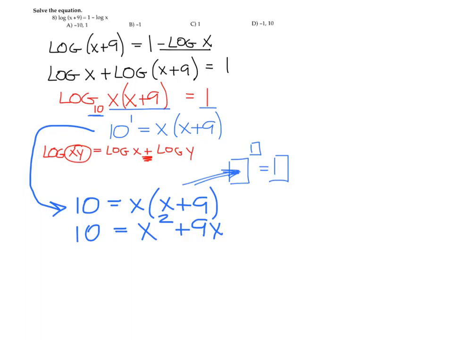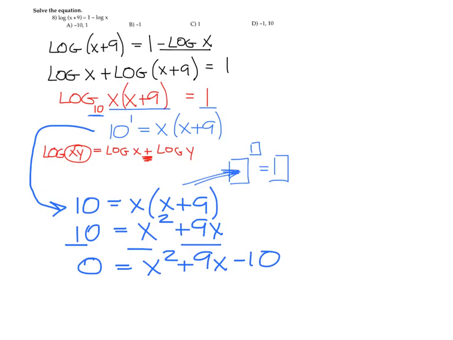That's right, it's got to be in the ABC form, and we have x squared plus 9x. What's missing on that side? Minus 10, yeah, you got to move this over. So you'll have 0 equals x squared plus 9x minus 10.